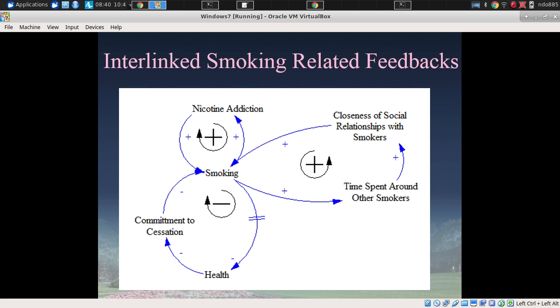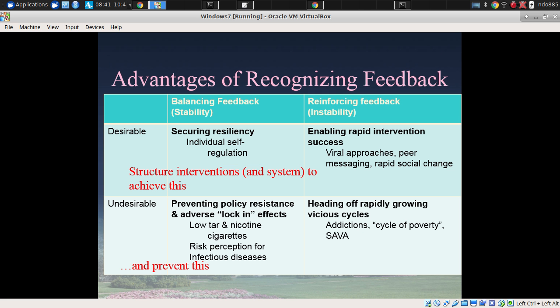And over time, those adverse health effects might lead to a commitment to cessation, which might tend to lower the amount of smoking. I was thinking about adding an additional loop here having to do with craving, but didn't have time to do that. And meanwhile, smoking leads to a mixing among smokers, which leads to a social network very rich in those having the same type of smoking behavior, and therefore tends to reinforce the tendency to smoke.